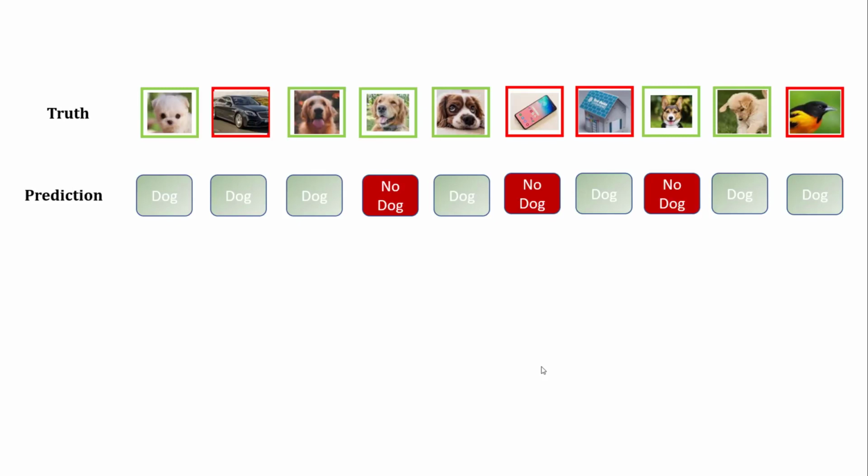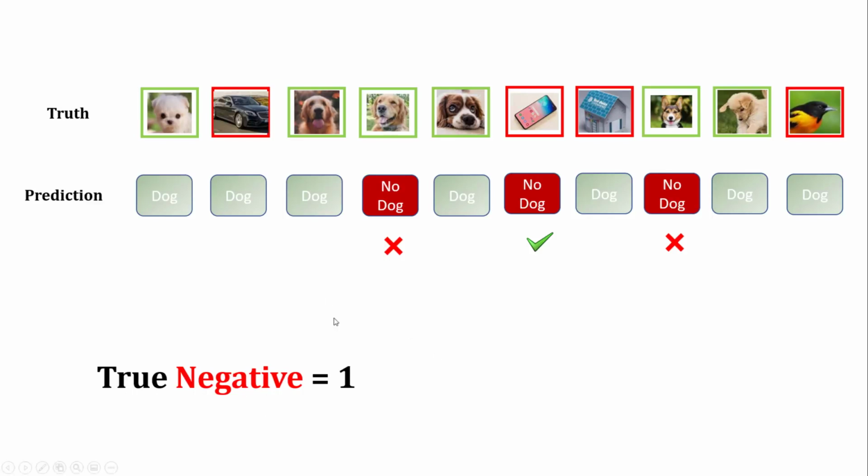Now think about no dog predictions. Forget all those greens, that's why I have grayed them out. Here again I will compare all these 3 predictions with the reality. 2 of these predictions are wrong and 1 is right. So true negative here is 1.